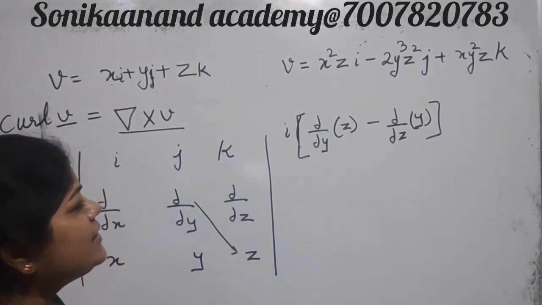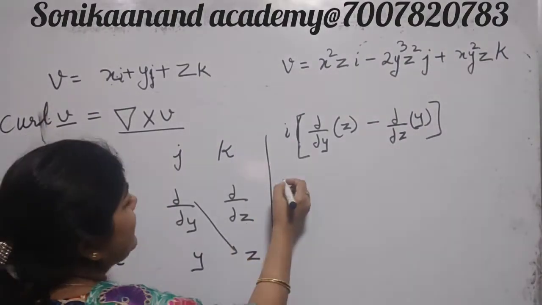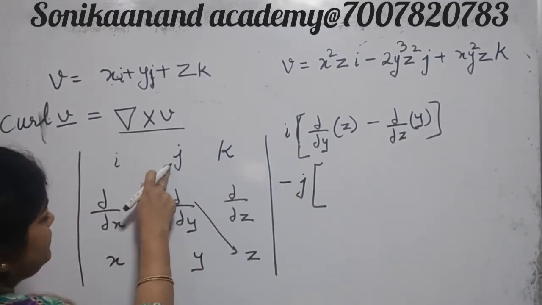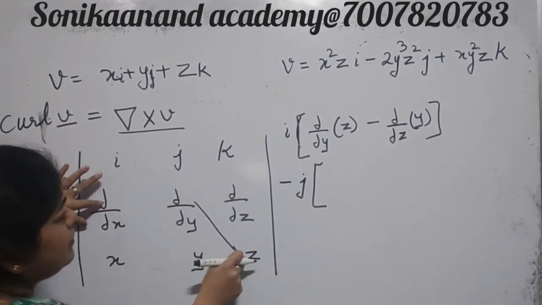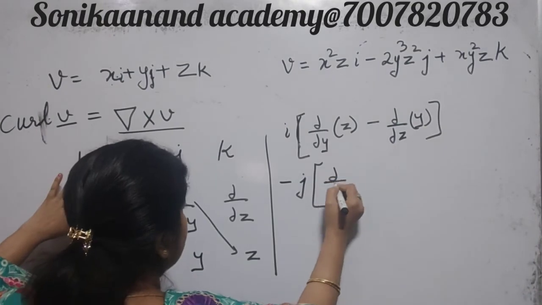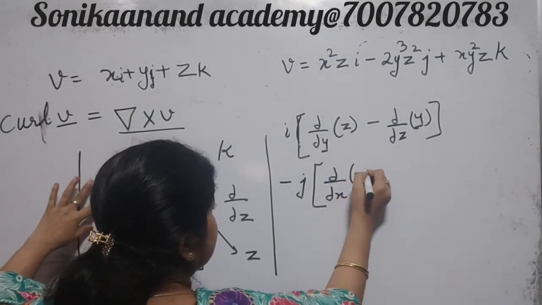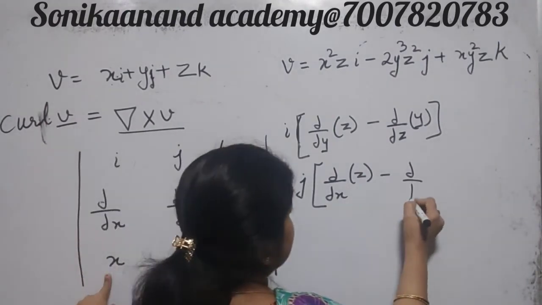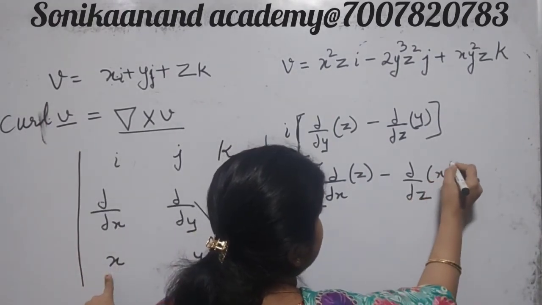So I will do another one, but as I write it over, so I will do that. Minus j. This is minus j. Now this to this. Okay. Then d of dx z minus d of this to this dz x.